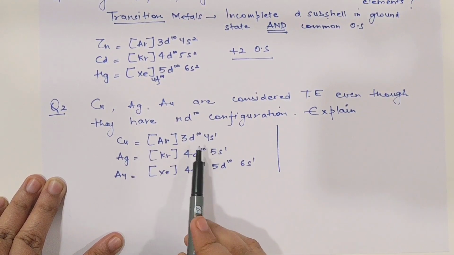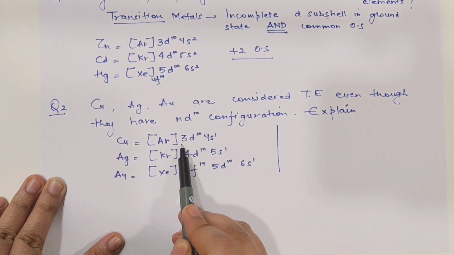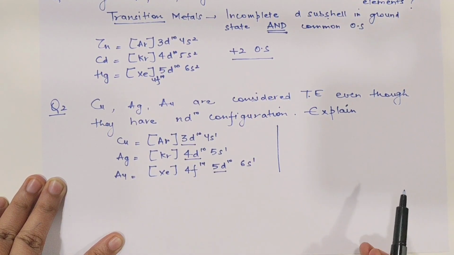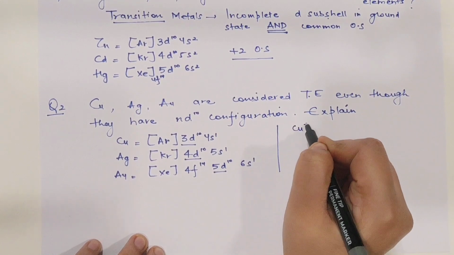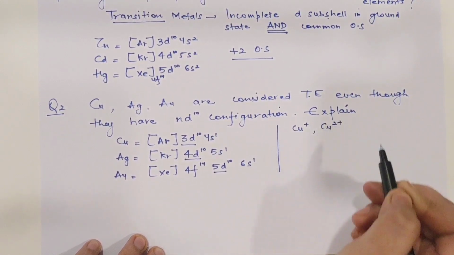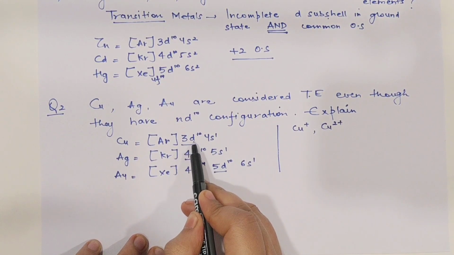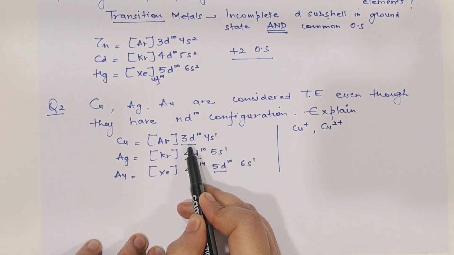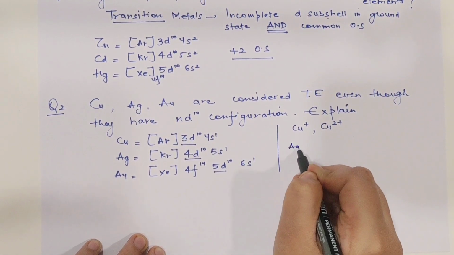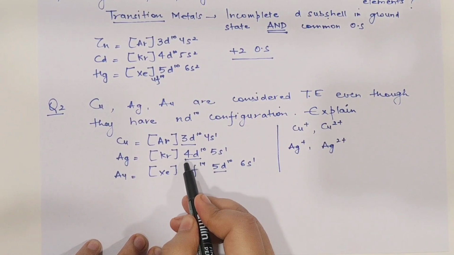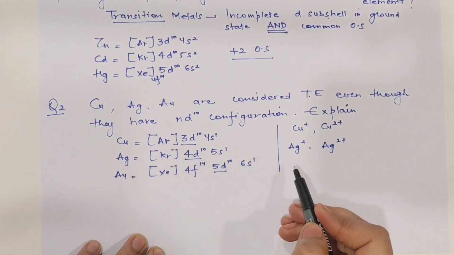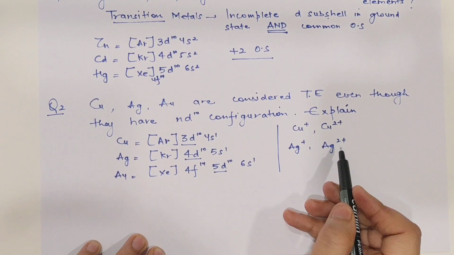Now let's think about the oxidation states. Here we can see that in ground states they have the D subshell filled, but let's talk about oxidation states. Copper shows +1 and +2. So in +1 it would be 3d10, in +2 it would be 3d9. Silver also shows +1 and +2. So same situation, 4d10 in +1 and 4d9 in +2.